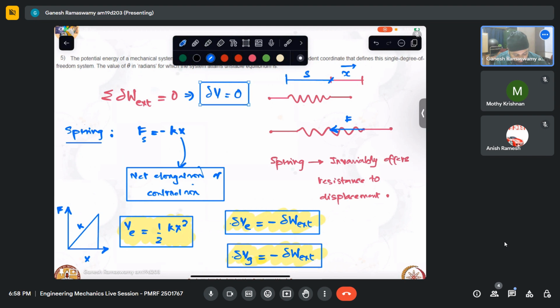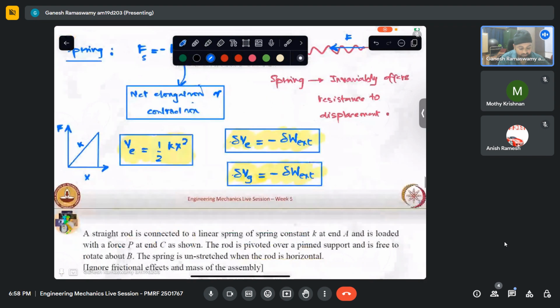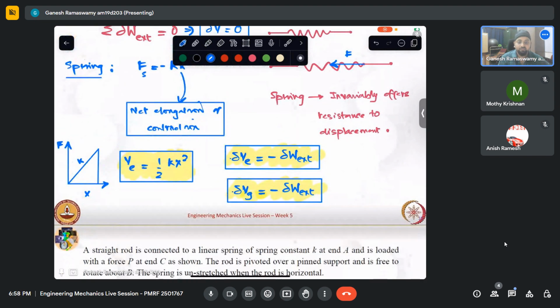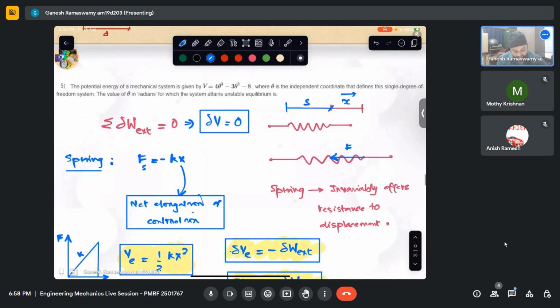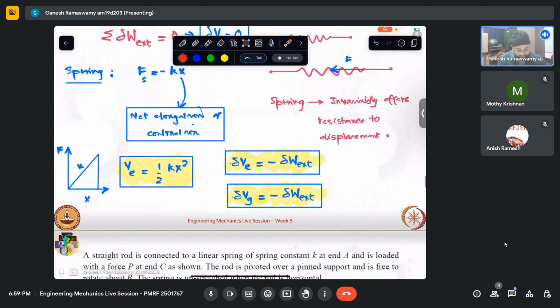And it so happens that a system will be, what are we saying here? That the sum total of all the virtual work done is 0. And by invoking the energy principles, we are saying that our change in the potential energy is equal to 0. What does this imply? If I have a potential energy of a system denoted by V, change means the derivative.